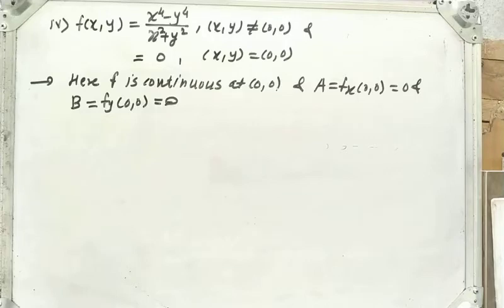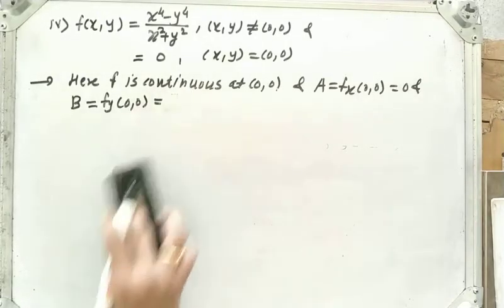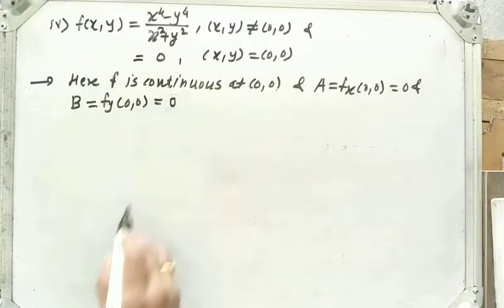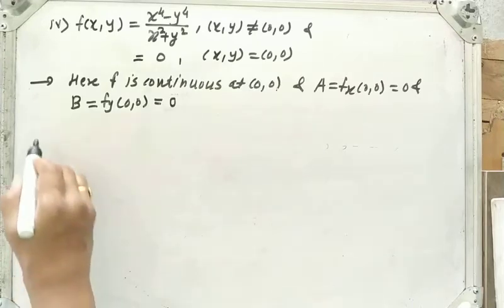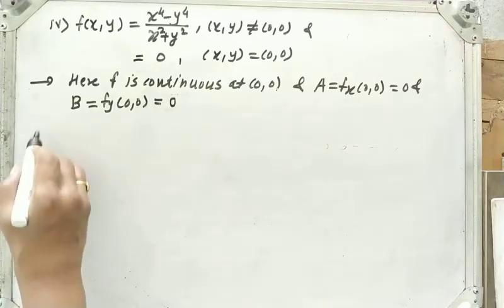Okay. Therefore, now we know the equation for differentiability. What is that? Its left hand side is f of a plus h, b plus k minus f of a, b. Here a, b is 0, 0, so the left hand side will be f of h, k minus f of 0, 0. So let us consider the left hand side.